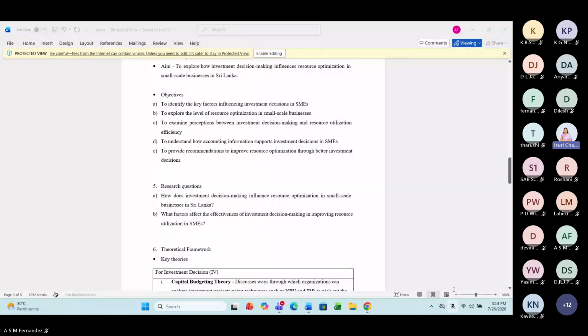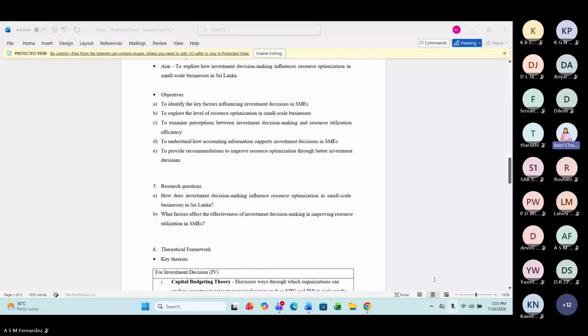So you just need to remove objective E, and objective D also is not needed, to understand how accounting information supports investment decisions. You can keep it very crystal clear if you mention the 2 objectives in line with the 2 research questions. So, identifying how investment decision making influences resource optimization in small and medium scale businesses in Sri Lanka.